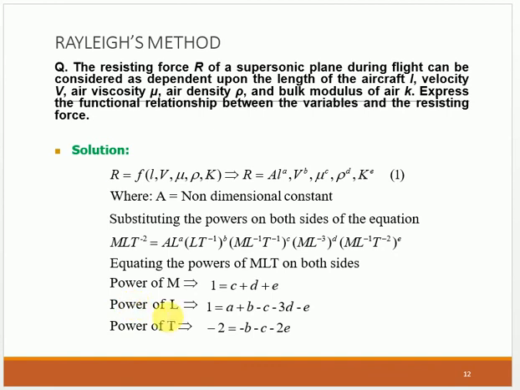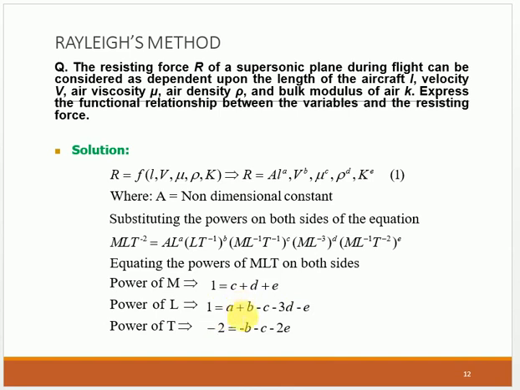Then equating powers of L: L power 1, so 1 is equal to a, plus b, that doesn't have any negative sign, then we have L power minus 1 into c, so minus c, plus L power minus 3 into d, so minus 3d, and plus L power minus 1 into e, so minus e.